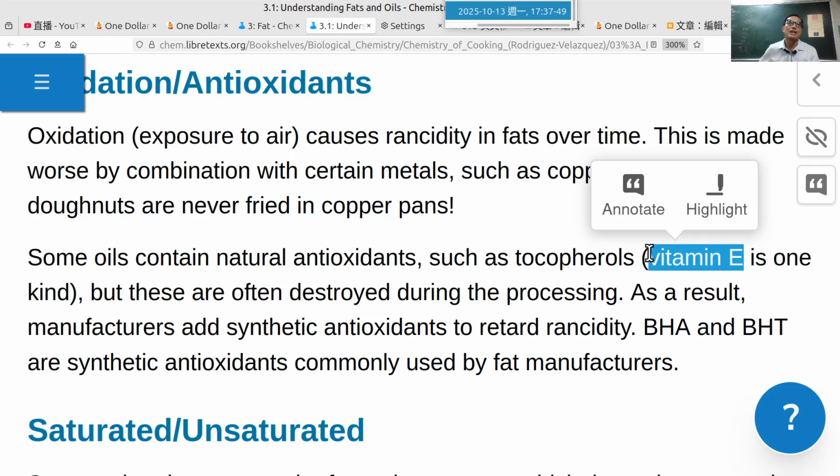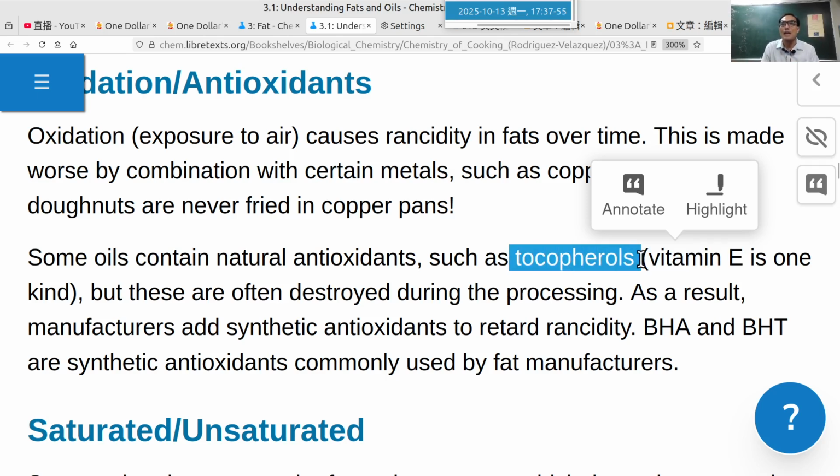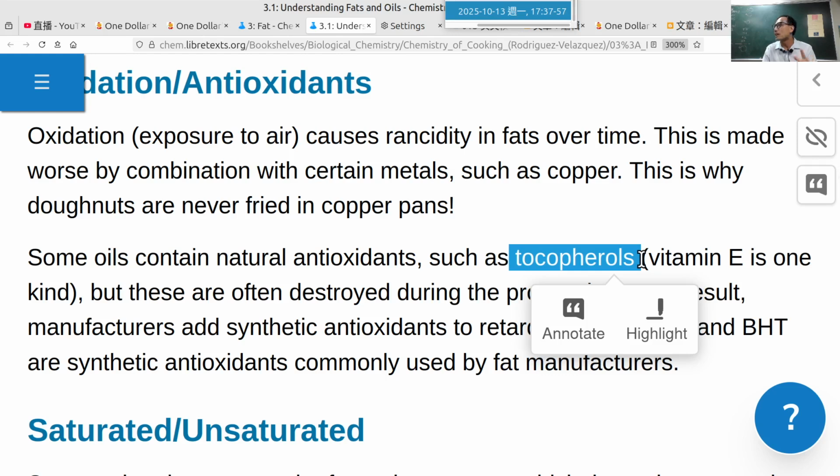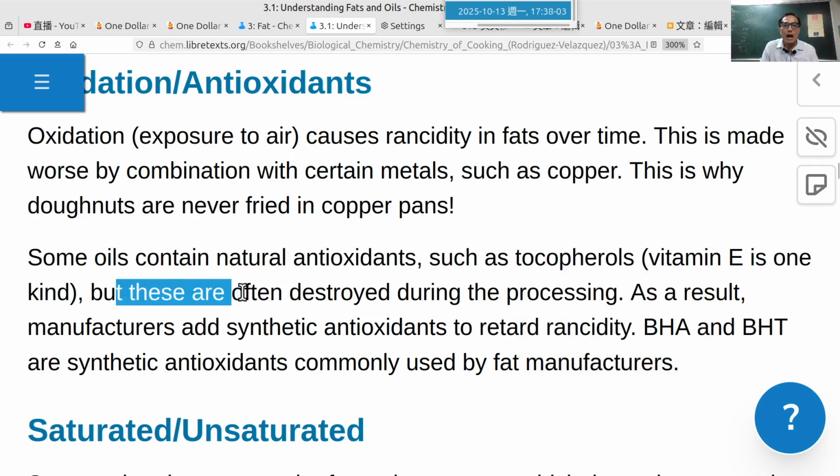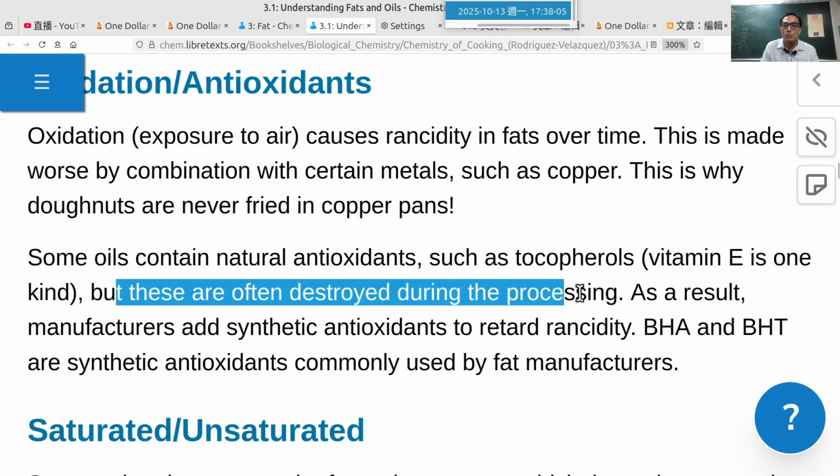Vitamin E has many friends. Their family has many members, and we call tocopherol. At least it has maybe 8 or more members in the family. Vitamin E is one kind, but they are often destroyed during the processing.